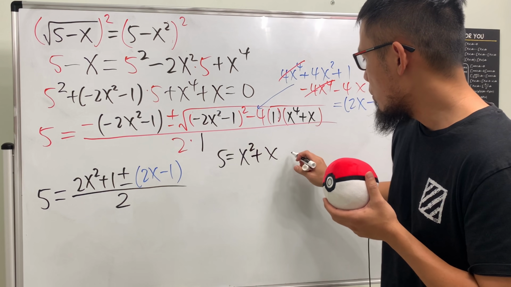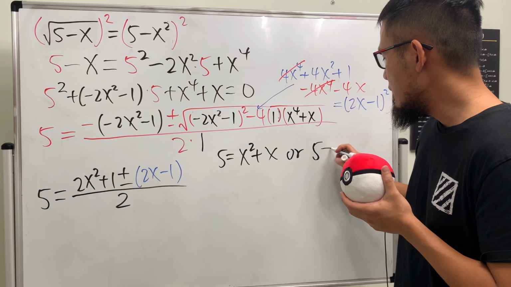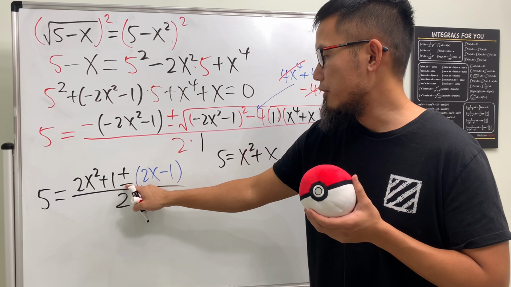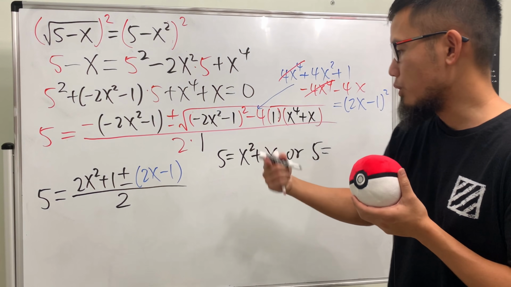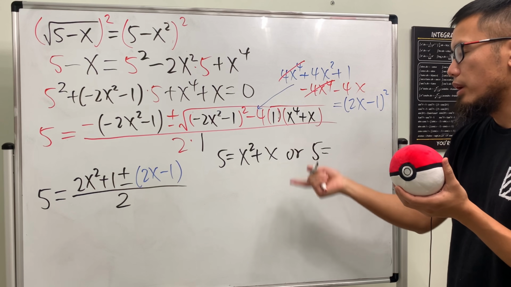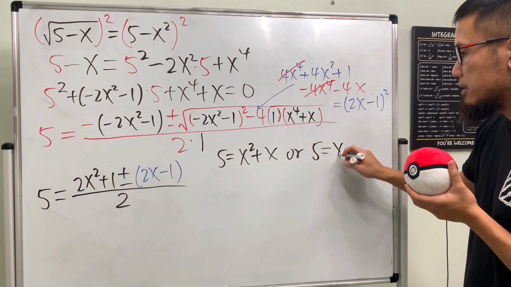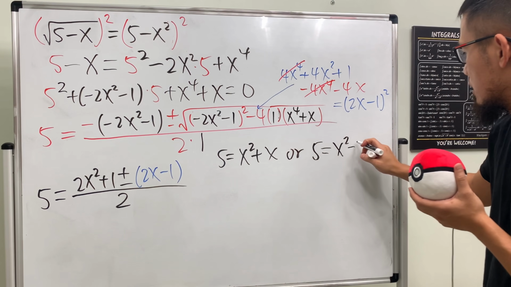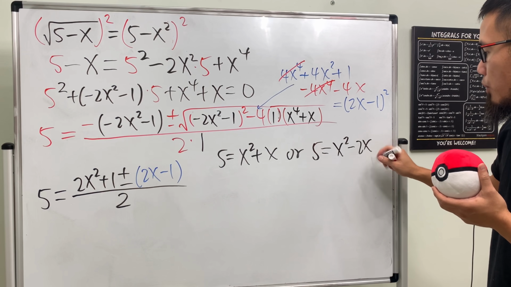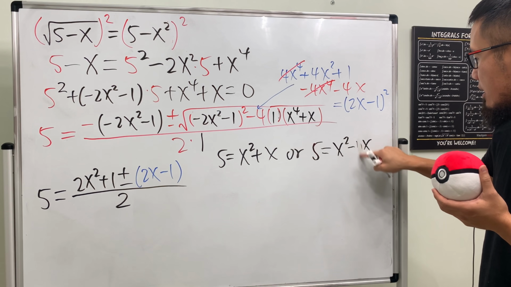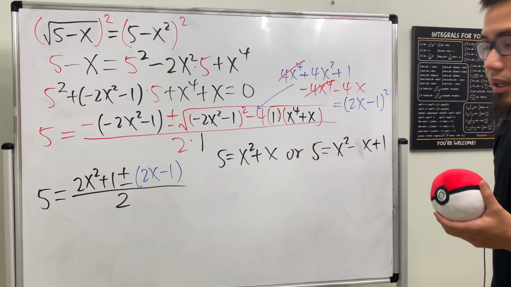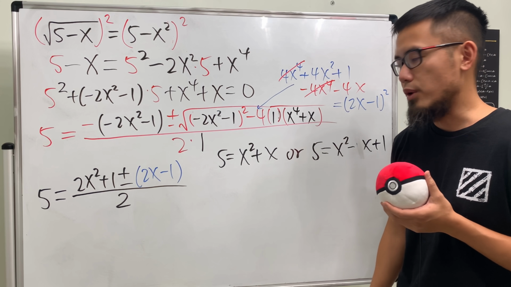Or you can have 5 that's equal to, and again, this and that will reduce, but this time if you have a minus, 1 minus negative 1, so you have the positive 2 and then divided by 2. So you get x squared minus x, because we divide it, and then plus 1, like this. And of course, this is just a quadratic equation the usual way.